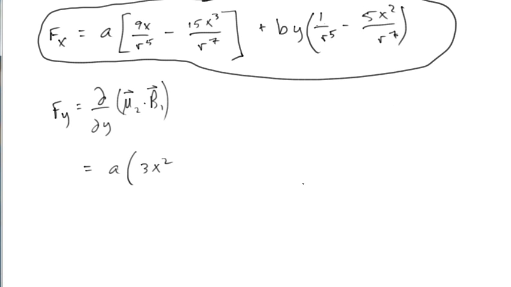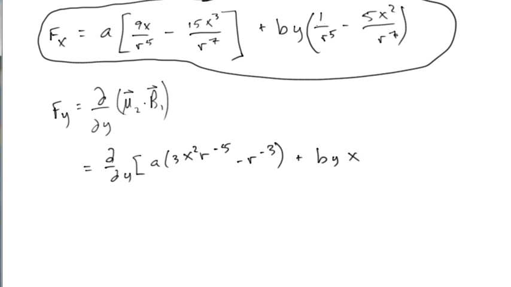So, let's do Control Z here. Put d by dy of a times 3x squared r to the minus 5th minus r to the minus 3rd, and then plus byx r to the minus 5th, all with respect to y.